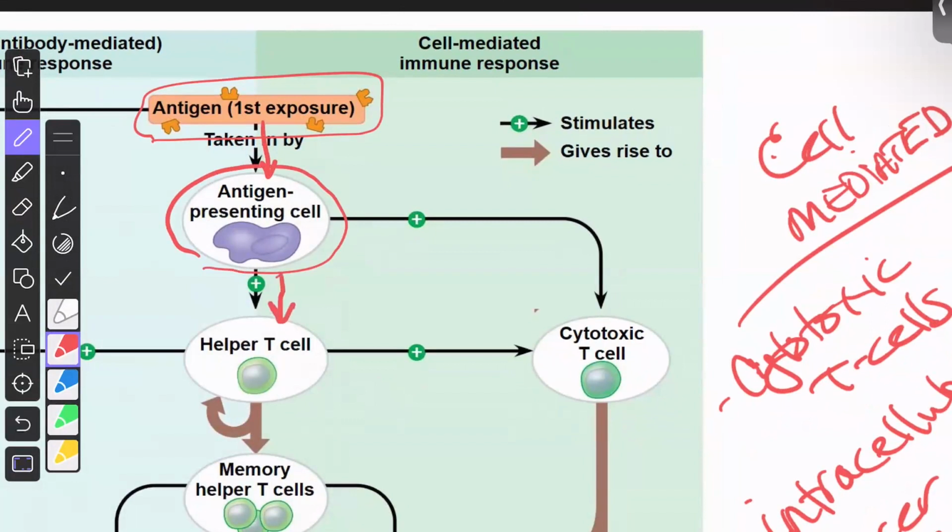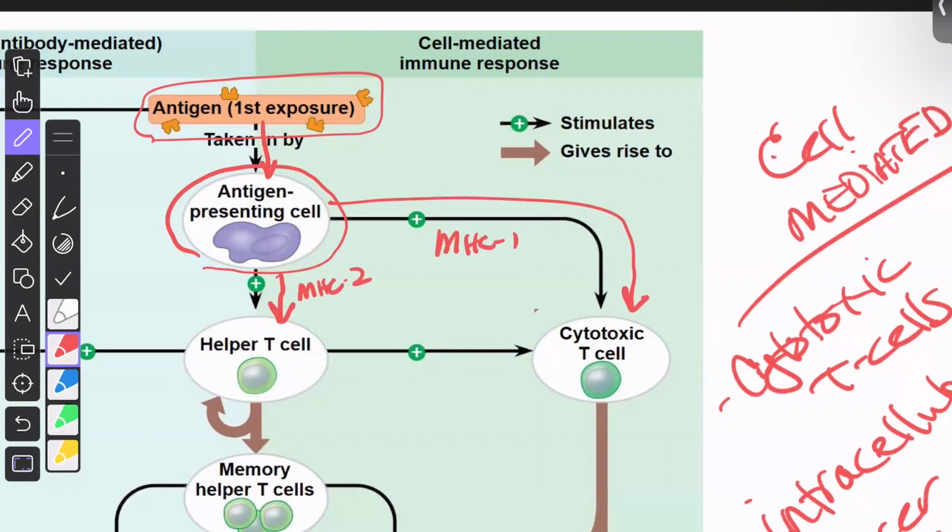It could stimulate a helper T cell if we have an MHC2. If we have an MHC1, we go straight to the cytotoxic T cell, okay? So this is MHC1, this is MHC2.